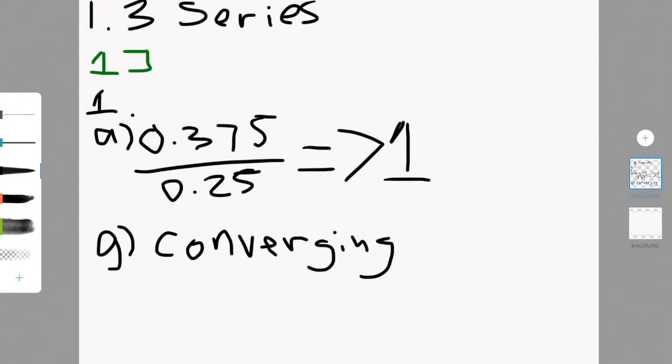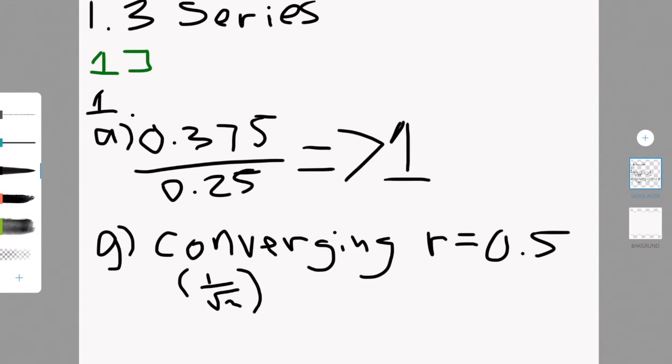For instance, the first term is 1 divided by square root of 2, and the second term is 1 divided by 2 times the square root of 2. So if you do 1 divided by 2 times square root of 2, divided by 1 divided by square root of 2, then you'll know that the common ratio is 0.5.